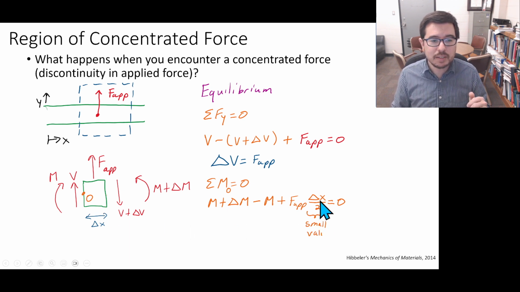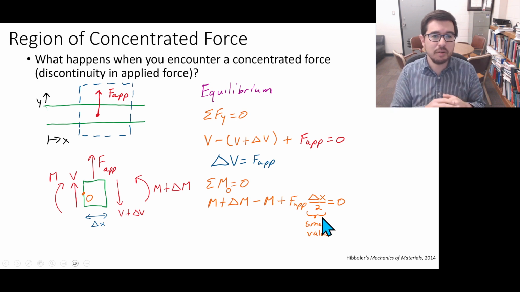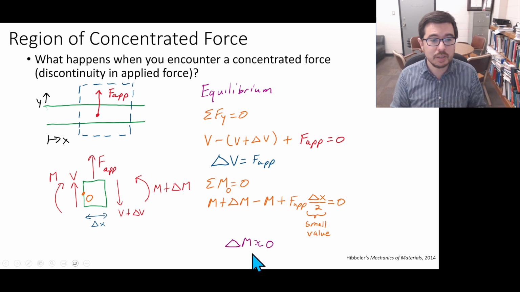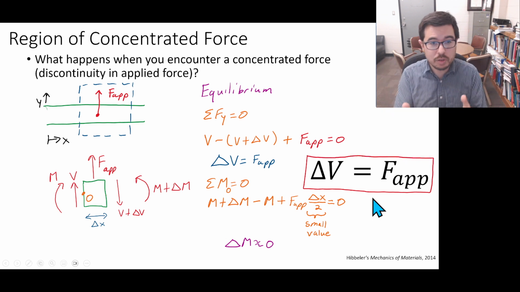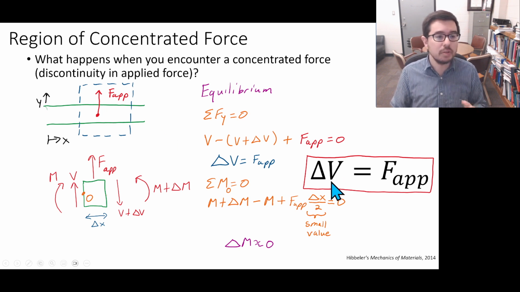Nonetheless, we're going to say that this delta x over 2 is very small. This is a very narrow element. And so we're going to neglect its contribution, and we're going to say that the change in the moment due to this applied force is going to be 0. So the takeaway here is that the change in internal shear force is equal to the applied force, F app. And notice that F app is in the positive y direction, and the change in the internal shear force, if I'm going from here to here, is also in the positive direction.